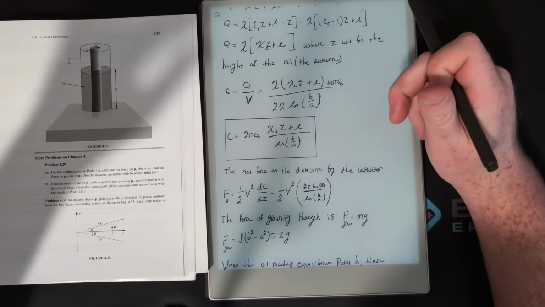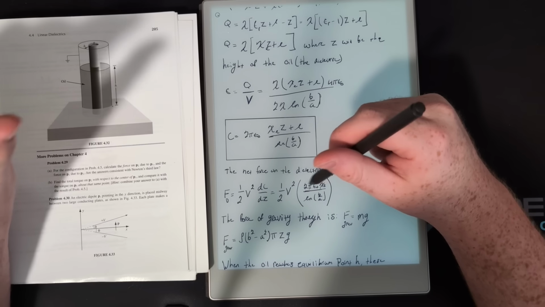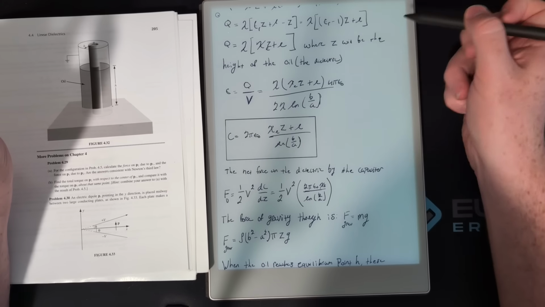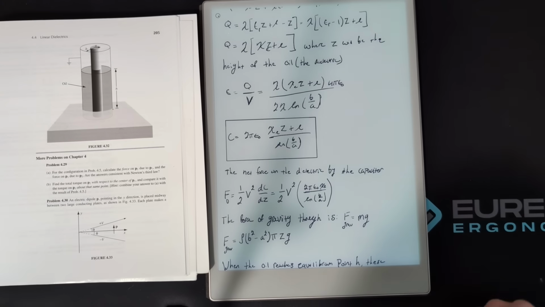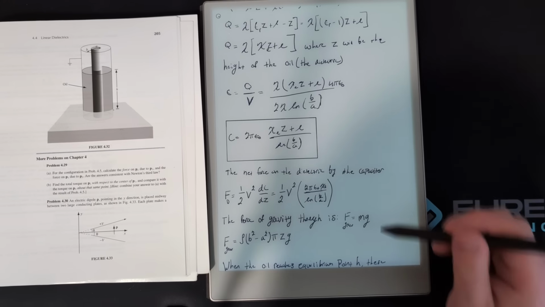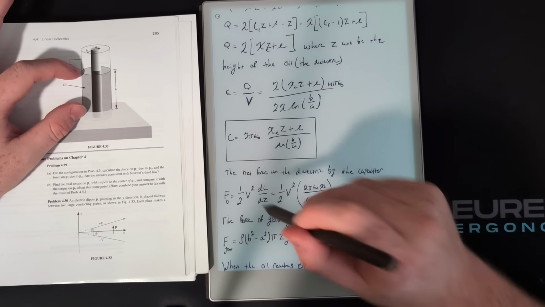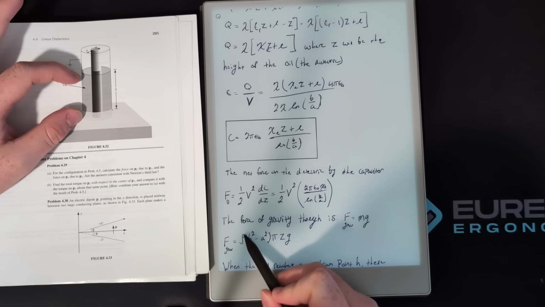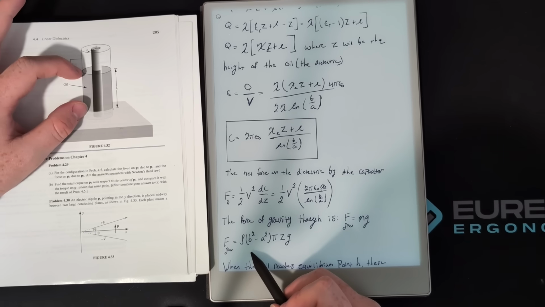When we reach the equilibrium point, then the force on the dielectric is going to be equal to the force due to gravity. So the force due to gravity, of course, is the mass times the gravitational constant g. Well, what is the mass of the oil? We know it has a mass density rho, and we need to know the volume of the oil.